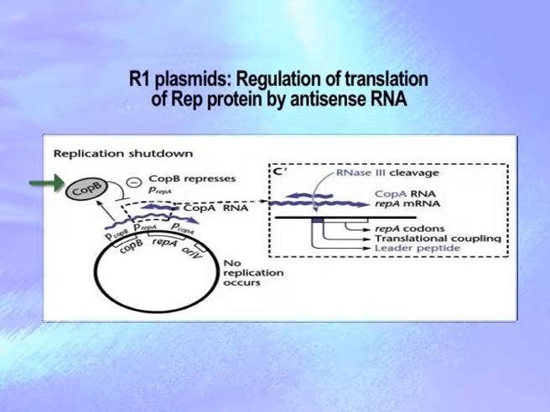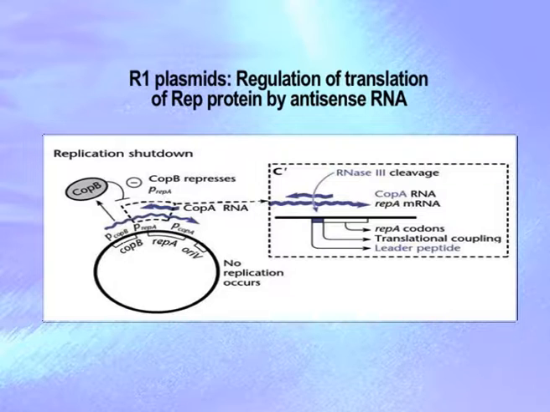But as soon as Col1b is synthesized, it binds to the promoter for Rep-A and represses the synthesis of Rep-A protein, as a result of which Rep-A is synthesized in a regulated fashion from only the P-Col1b promoter.